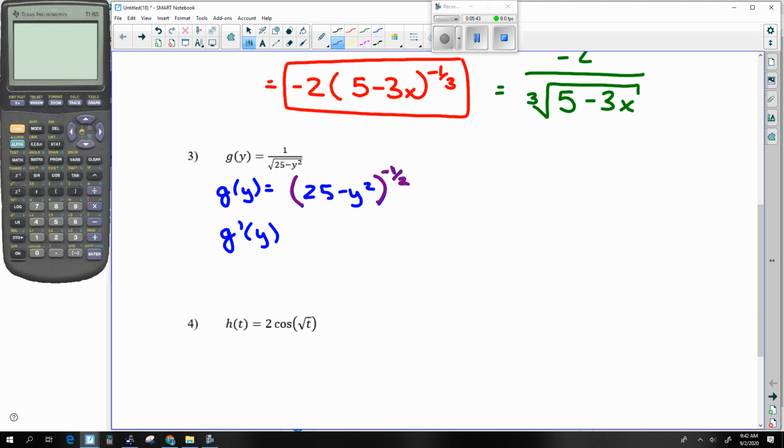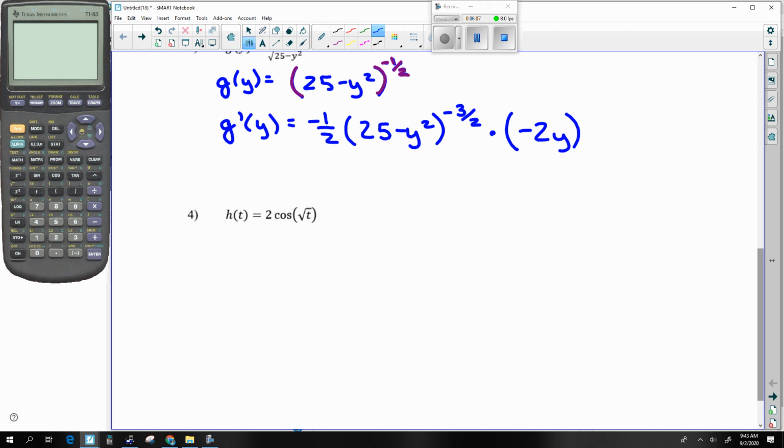So I take the derivative of that. So that's going to be negative 1/2. Leave the inside alone. Minus 1 would make that negative 3/2 times the derivative of the inside, which is a negative 2y. So 25 goes away. Negative y squared is a negative 2y.